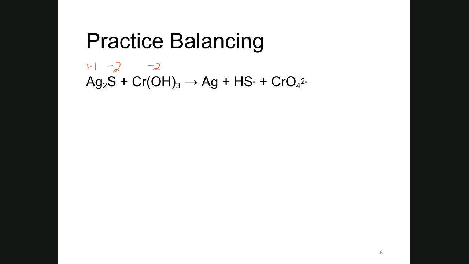The hydrogen is attached to an oxygen, which is a nonmetal, so the hydrogen is going to be a +1. And we need to figure out what the chromium is.